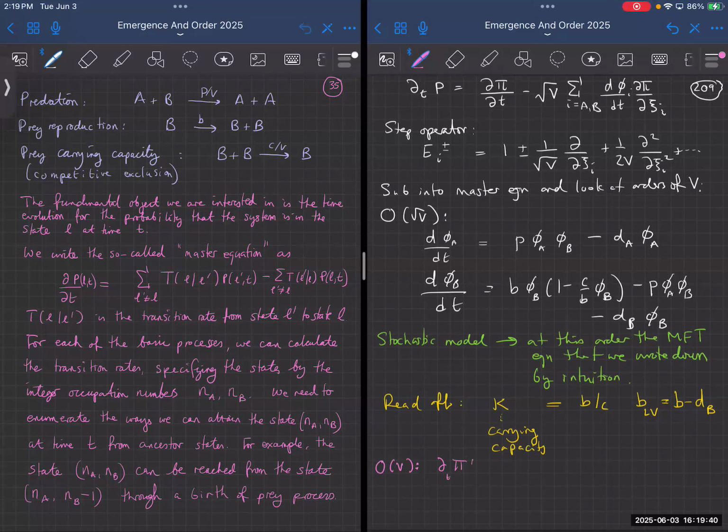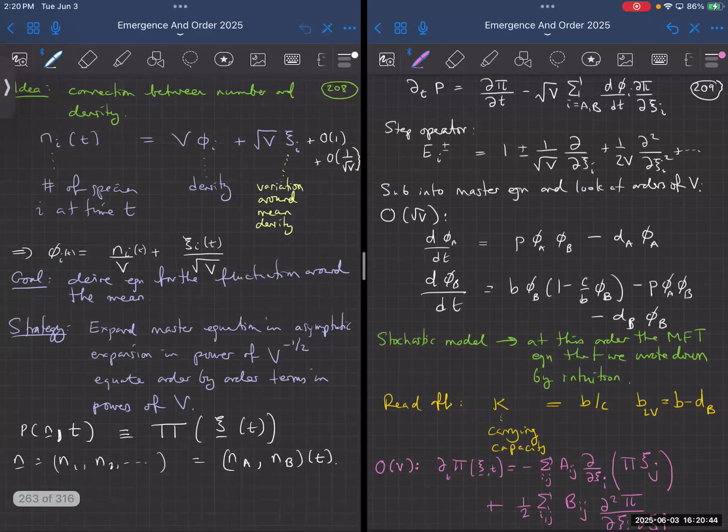I get dπ/dt of ψ and t equals minus the sum over i and j of A_ij ∂/∂ψ_i of (π ψ_j), and then there's another term plus 1/2 sum over ij of B_ij ∂²π/∂ψ_i∂ψ_j. So this is starting to look like a Fokker-Planck equation.